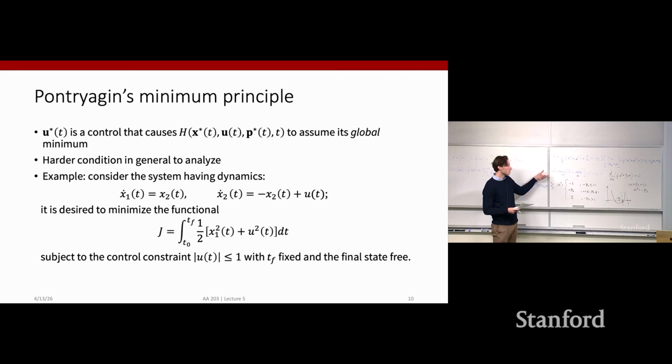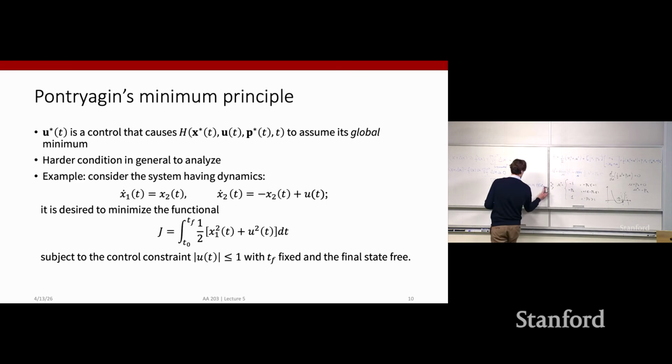So we found the global minimum of the Hamiltonian with respect to U. And now we basically have what we need, right? Because now we have an expression of U as a function of x and p. In this case, only the costates p, which we can substitute in the differential equations above, feed them into a solver, and get the solution out.